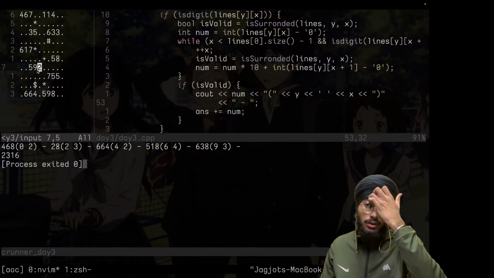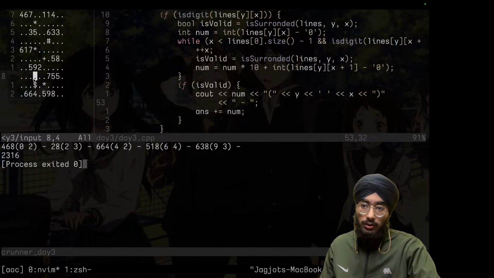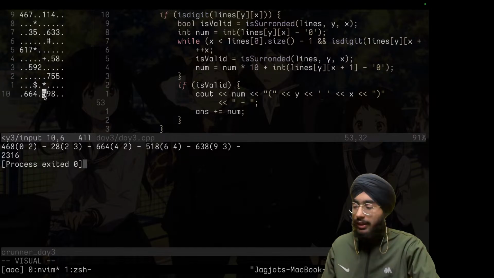Okay, it is there. 7, 1, 2, 3, 4, 5, 6, 1, 2, 3, 4, 5, 6, 7, 8 is not there. Anything which is starting with this is not there. The starting ones which are connected are not there. 9, 3. The starting ones connecting are not there. Okay.